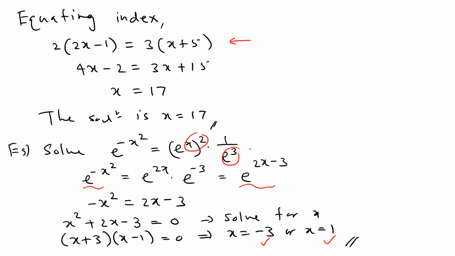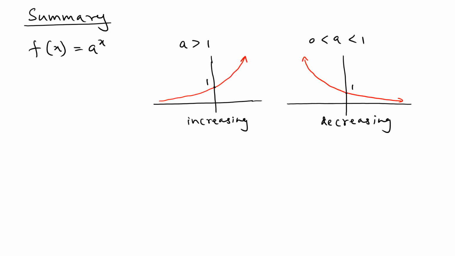So let's have a short summary of what we did. f of x equals a to the x, so we have two graphs, for a greater than 1 and a between 0 and 1, and there are several common properties.